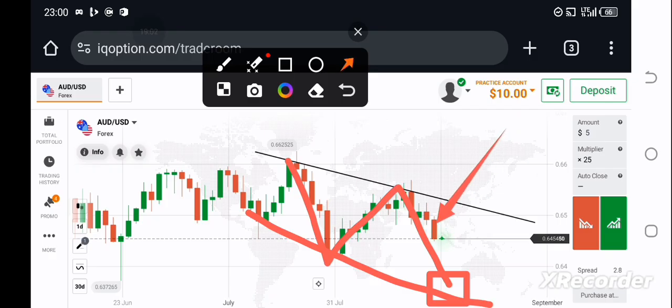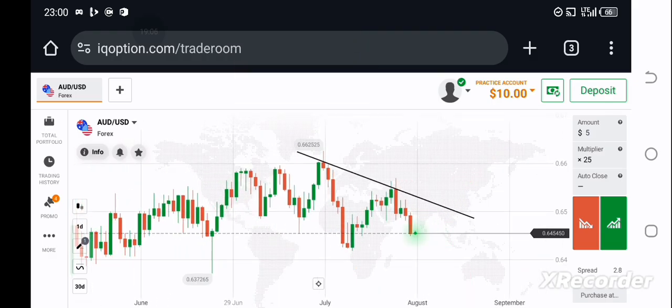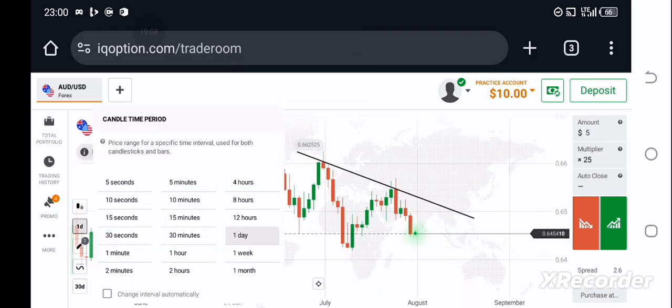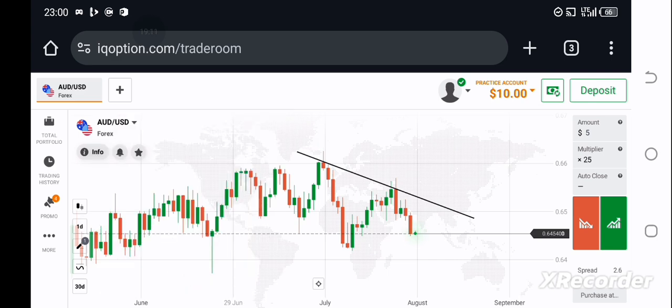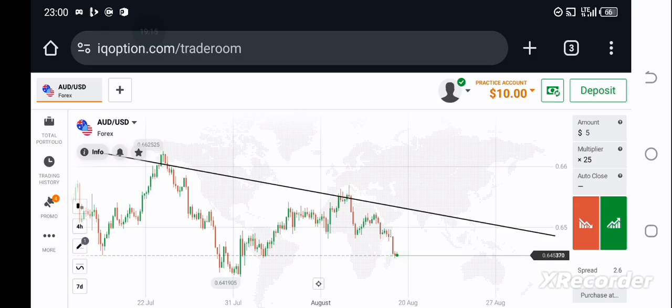If we switch this chart to a lower time frame, let's say a 4-hour time frame, you will see that it is a clear downtrend. This is what some people call top-down analysis, where you analyze the market from a higher time frame down to a lower time frame.